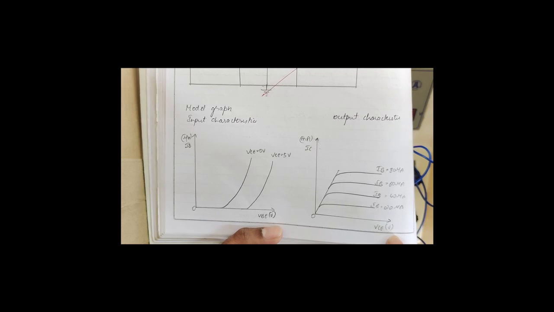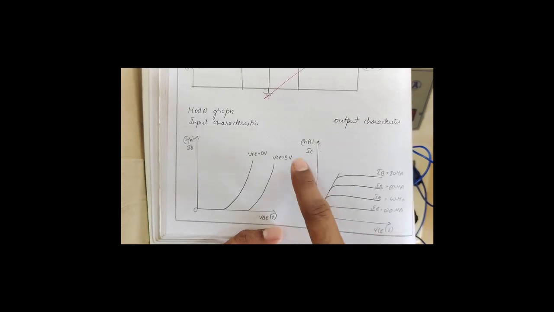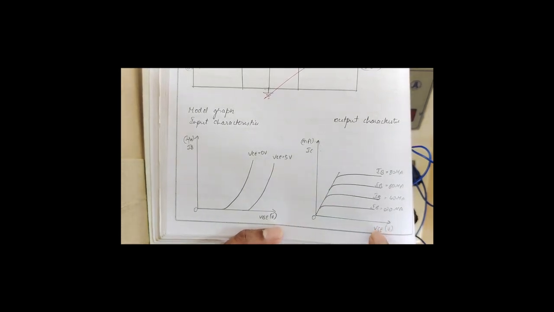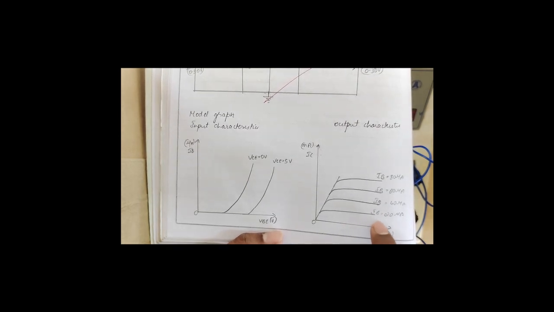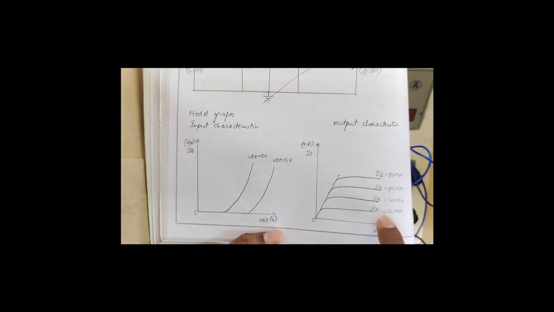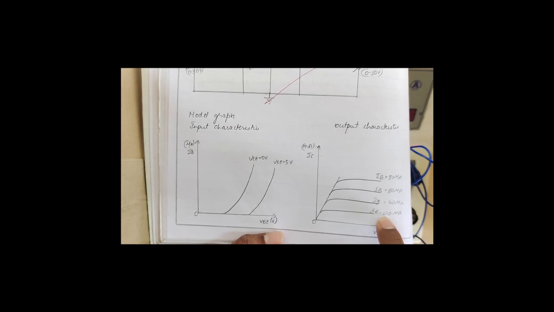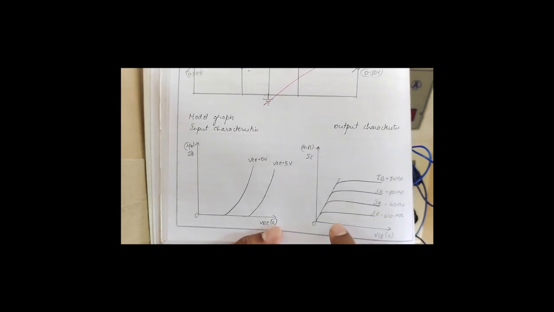So basically it's a graph of IC versus VCE variation, for different values of input current. So we will fix the input current at a particular value, let's say 20 microamperes, and then we will go on varying the collector to emitter voltage.